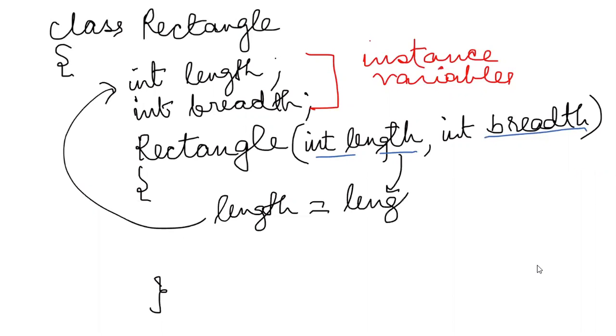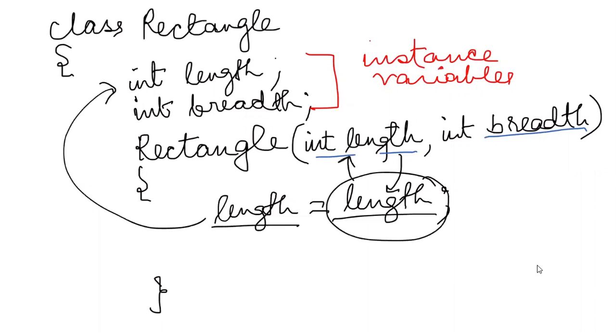So now there is a confusion. Okay, this is what we mean, but does it represent that? Does it represent what we are trying to assign? How will the compiler know that this length is supposed to represent the parameter and not the instance variable? Similarly, for breadth, assigned breadth.